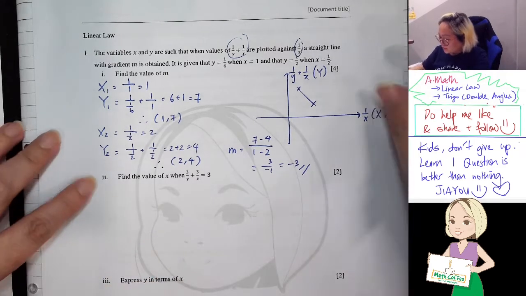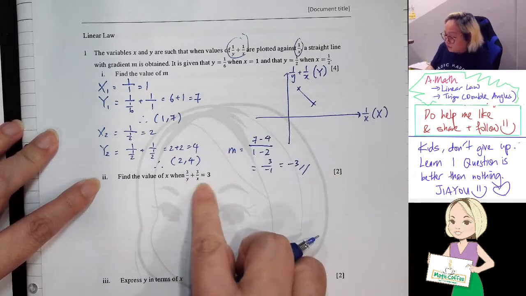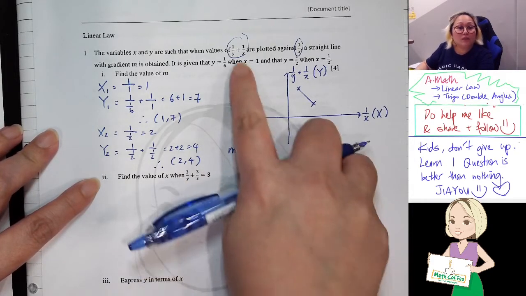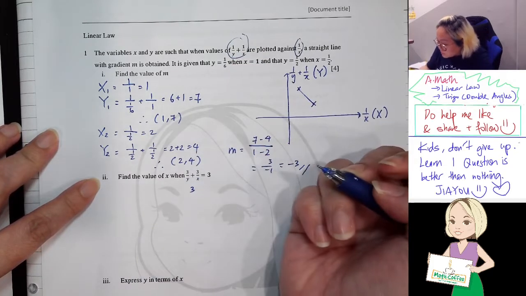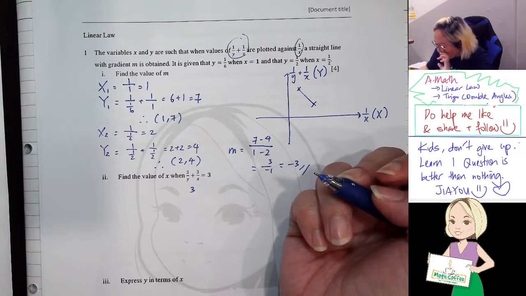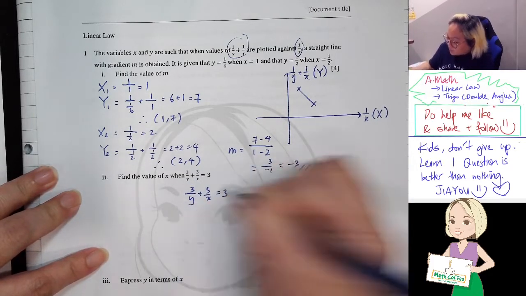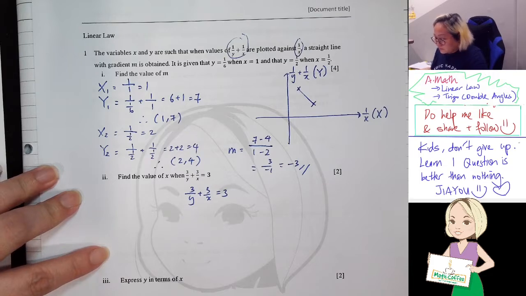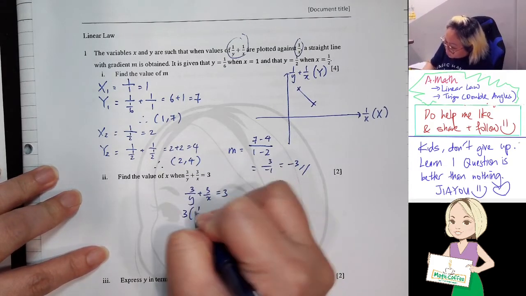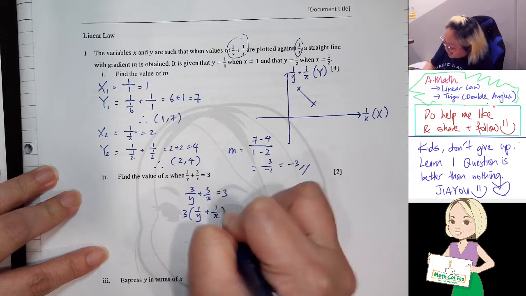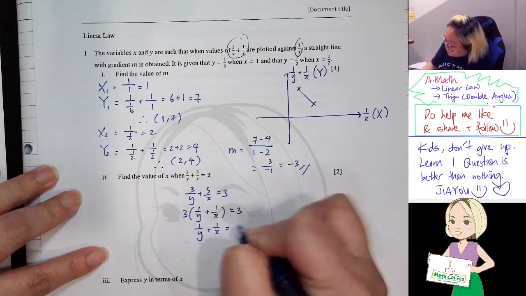Okay, so next, find the value of x when blah blah blah. If you look at this, it looks quite similar to 1 over y plus 1 over x. So actually this is 3 over y plus 3 over x equals 3. Then I take out common factor 3, so it will be 1 over y plus 1 over x equals 3 divided by 3, which is 1.